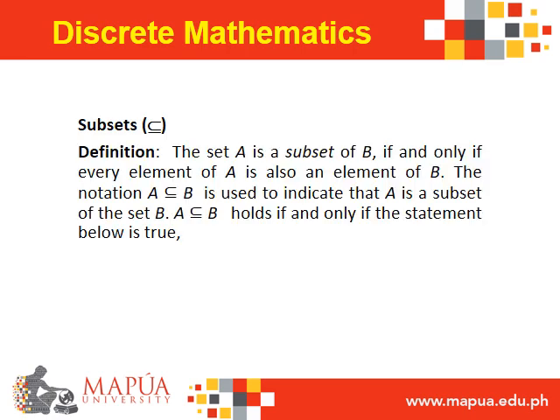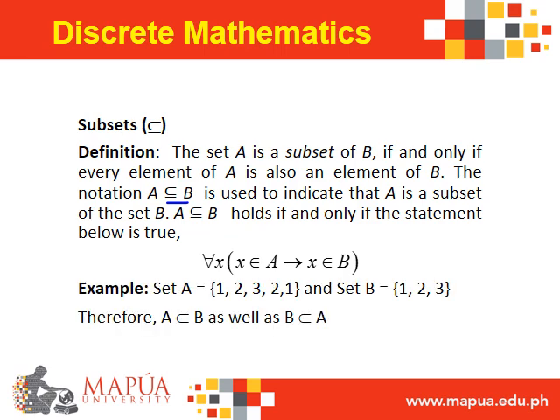Subsets. By definition, if set A is a subset of B, then every element of set A is likewise an element of set B, given this notation. And this eventually holds true to the definition of set equality.